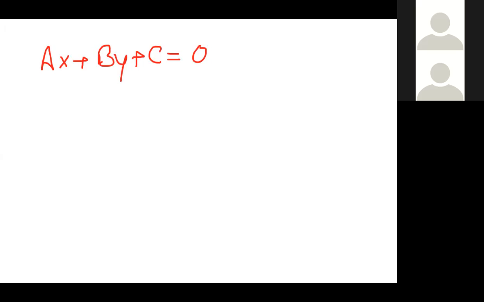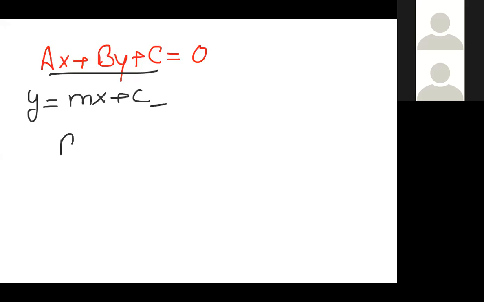Now in class 11th, when studying straight line, sir said y equals mx plus c is the important equation of a line. So to say whether these are the same line or different, we are going to calculate it in this manner.